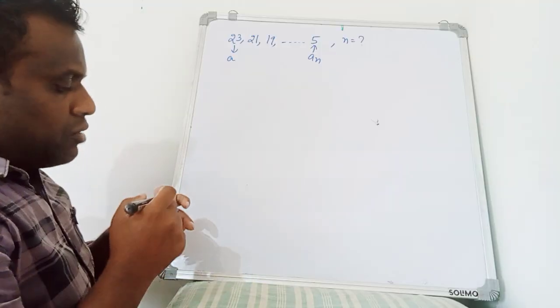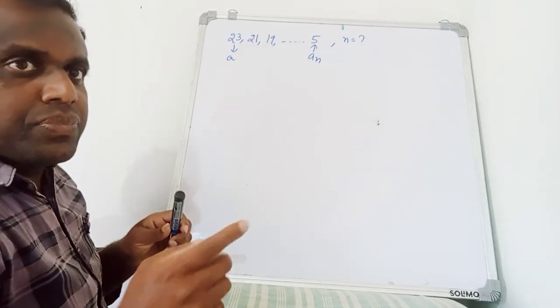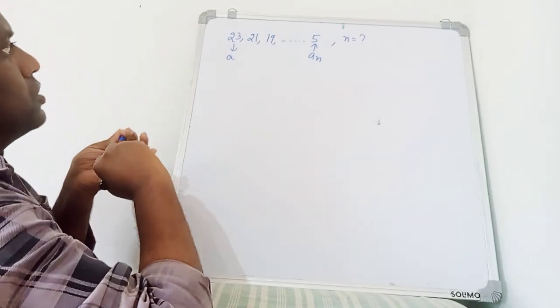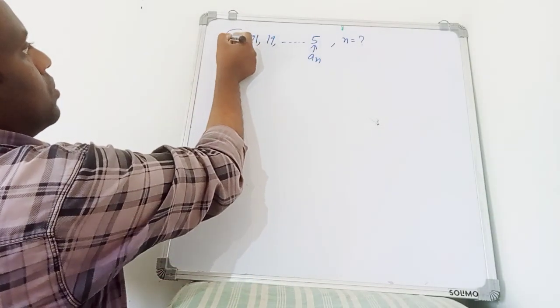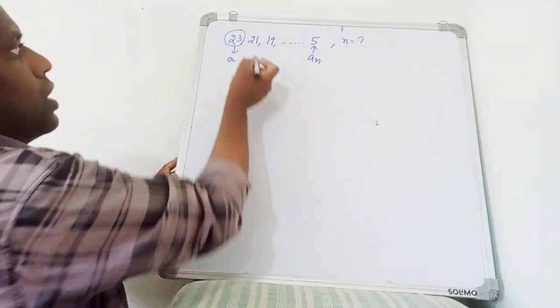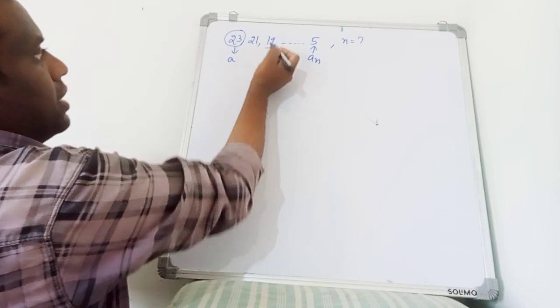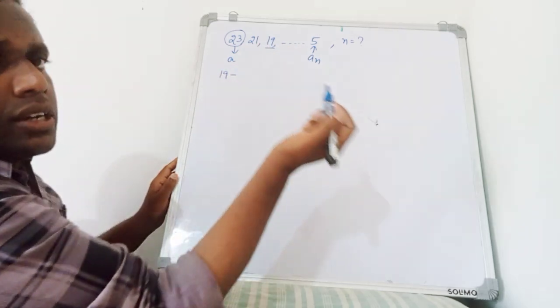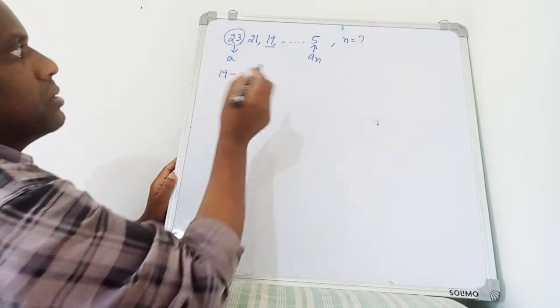Now first we have to identify whether this is an arithmetic progression or not. How will we identify? The first term is there, don't consider this, take any other number. So I will take this 19, put subtraction, minus, take the previous number, the first previous number.